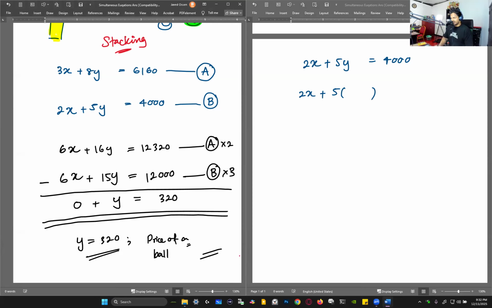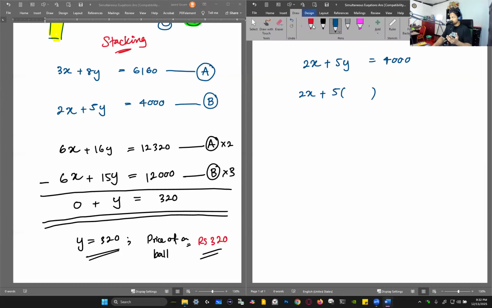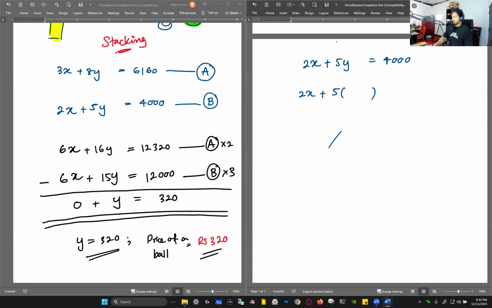If you don't write rupees, you won't get full marks because you must write the unit. So 2x plus 5 into 320 is equal to 4,000. Now you can make x the subject and get the answer.